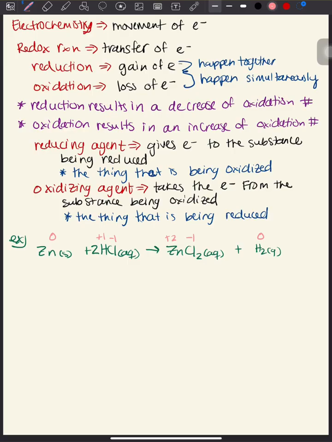So let's look at zinc. Now, zinc is going from an oxidation number of 0 to +2. The only way to achieve that is by losing electrons. So zinc loses 2 electrons. So what that means, since it lost electrons, it is going to be oxidized. Now let's look at hydrogen.